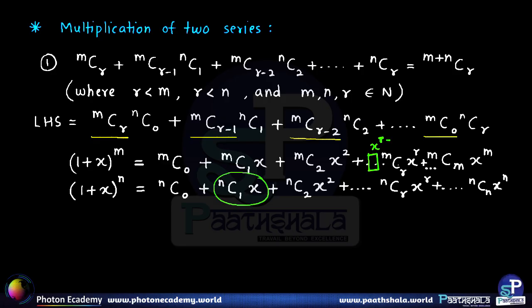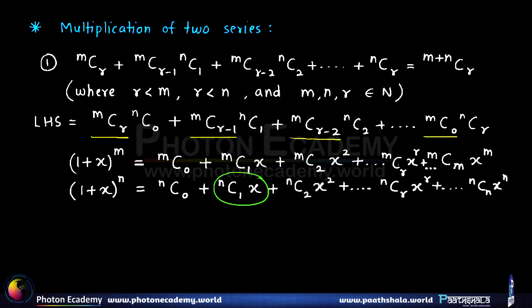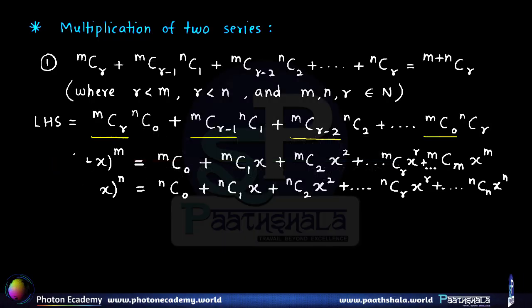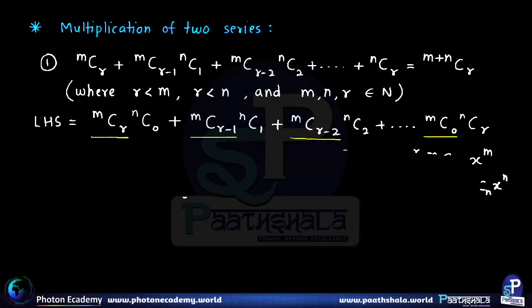Alright. So therefore we can conclude that the required product is always the coefficient of x raised to r term when we multiply the two binomial expansions of 1 plus x raised to m and 1 plus x raised to n. So with that, let us rewrite the required series like this.